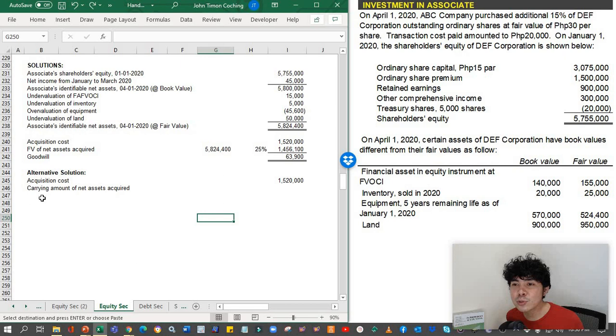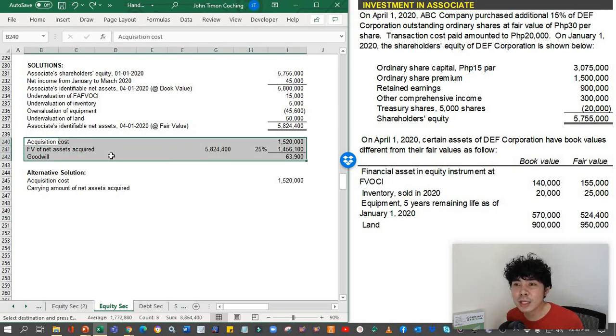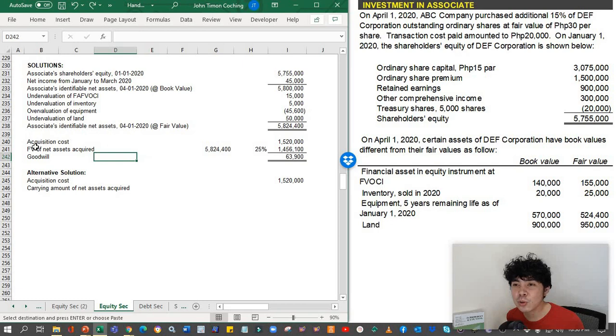So, ang difference nitong solution na to, dito sa first solution natin ng goodwill computation is after ng acquisition cost, ang ginamit natin is the fair value, di ba, ng net assets acquired. Pero dito sa other solution, ang ginamit is carrying amount or the book value of the net assets acquired. Ano ba tong book value of net assets acquired?